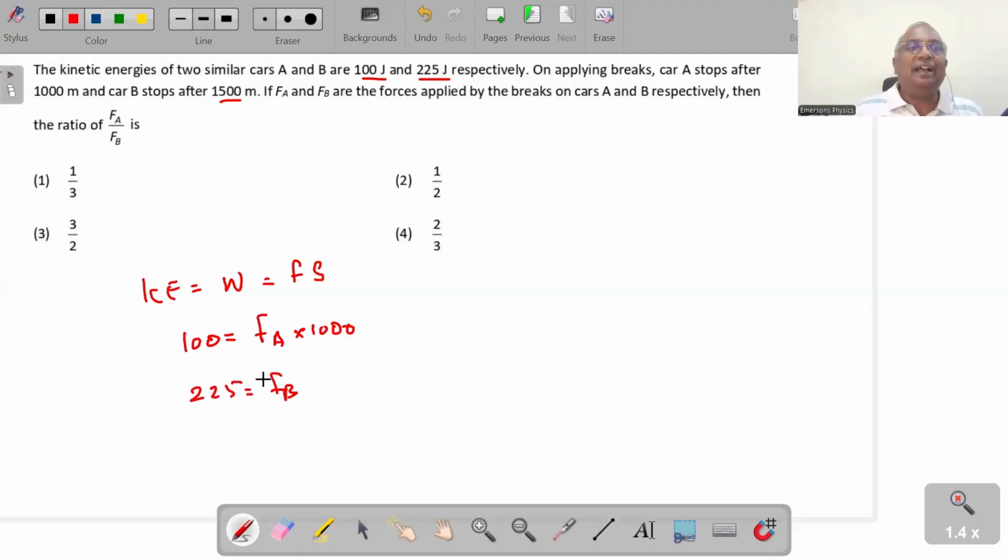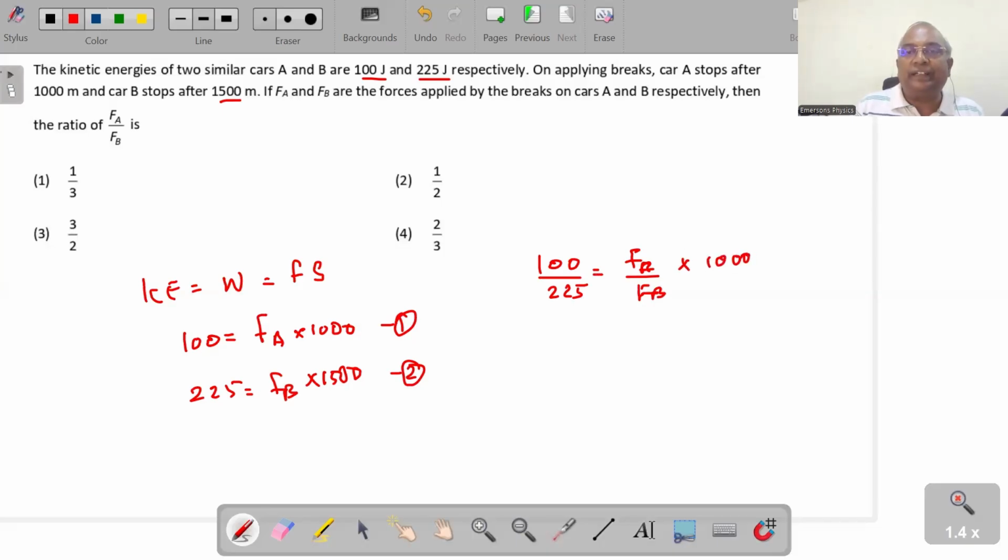It travels a distance 1500 meters. Just we wanted to find out FA by FB, 1 divided by 2 put. 100 divided by 225 equal to FA by FB. That only we want. FB into 1000 divided by 1500.